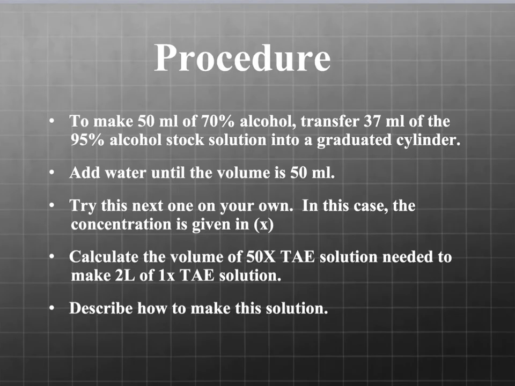And you have how much you want at the end, so you have 50 milliliters. So what I do is I just do some math: 70 times 50 divided by 95, and I get around 37. So I measure out 37 milliliters of my 95% alcohol solution, and then I bring it to volume.